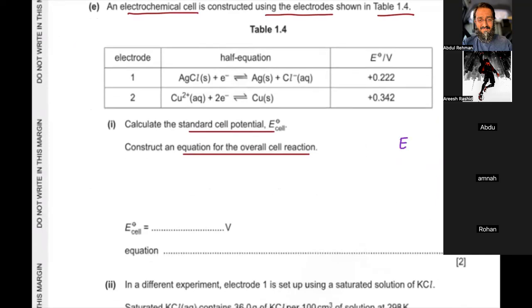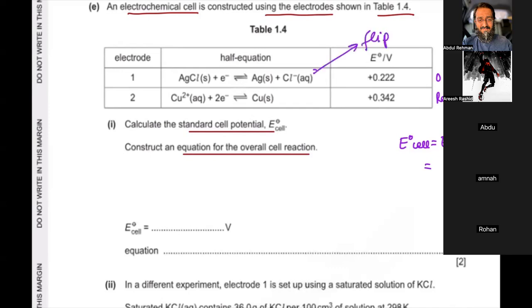If you recall, E0 cell equals E reduction minus E oxidation. The one with the greater value undergoes reduction, and this one undergoes oxidation. And remember, the flow of electrons is always from the electrode where oxidation occurred towards the electrode where reduction occurred. And the one where oxidation occurs, you have to flip that equation as well.